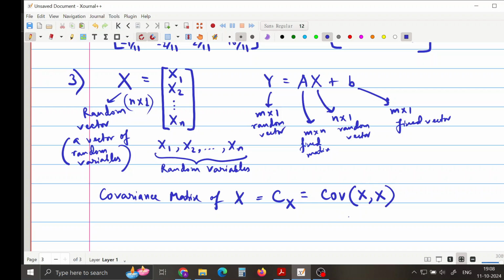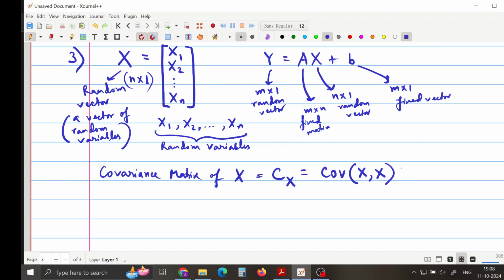This is defined as the expectation of x minus expectation of x, times x minus expectation of x, whole transpose. So the covariance matrix of x, where x is a random vector, is this.